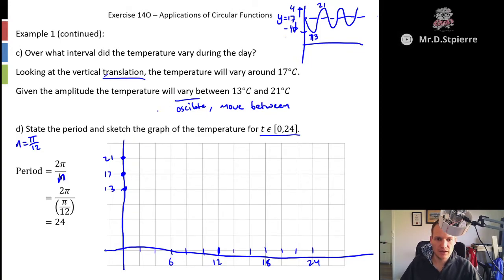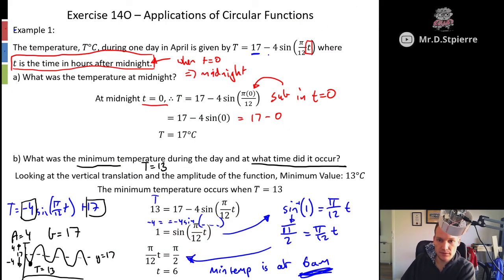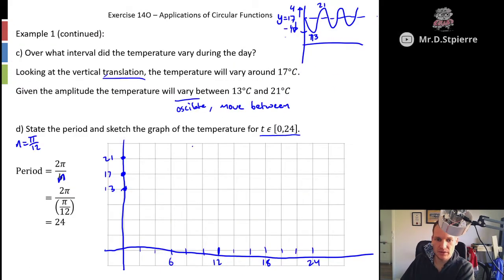So we have that. Now it is a negative. That means it's been reflected. So instead of sine, the normal sine goes up first, but since it's reflected, it goes down. And we know the period is 24. Half the period will be back at its starting point.